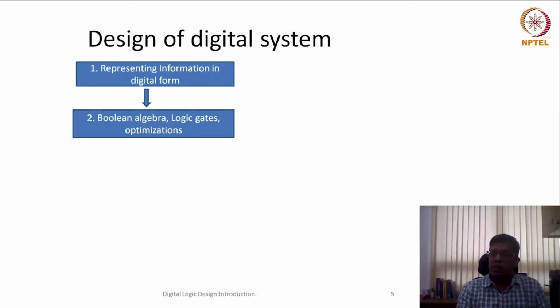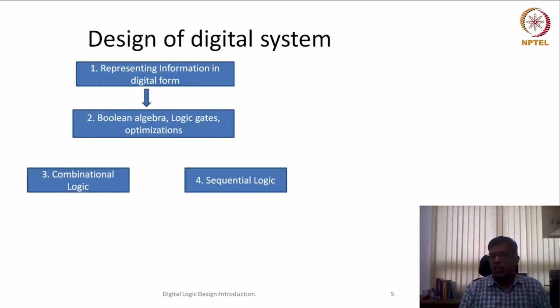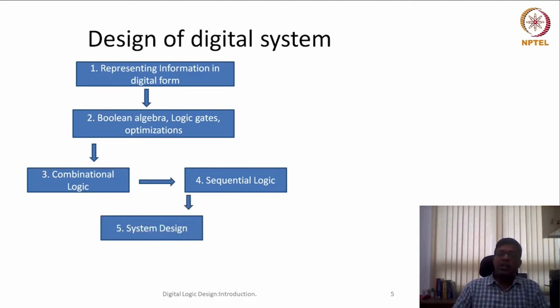After learning Boolean algebra and basic logic gates, there are two kinds of digital systems. One is called combinational logic, another is called sequential logic. In module 3 we will learn about combinational logic, and after finishing it, in module 4 we will do sequential logic. After this basic understanding, we will try to integrate both of these components in a system.